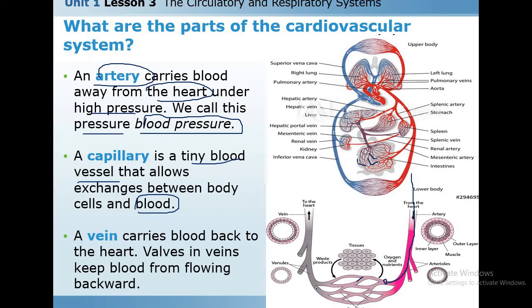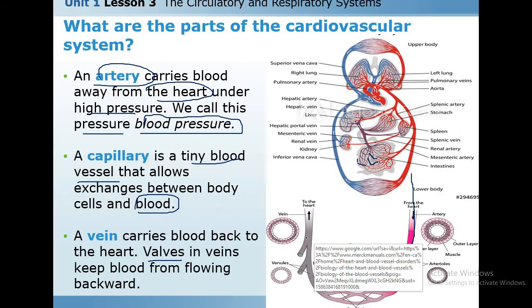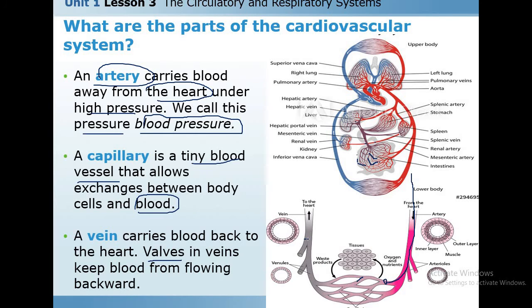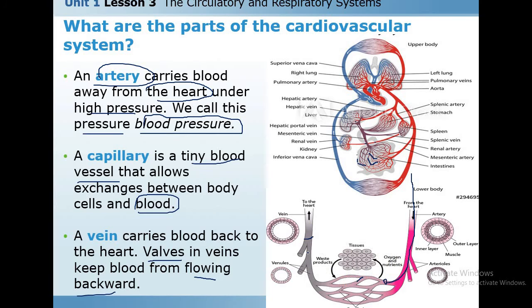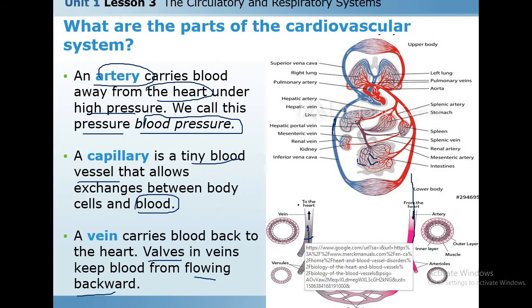It carries this blood back to the heart. There are valves in veins. There is a valve here that keeps the blood from flowing backward. The blood moves in one direction like this, and returns back to the heart.